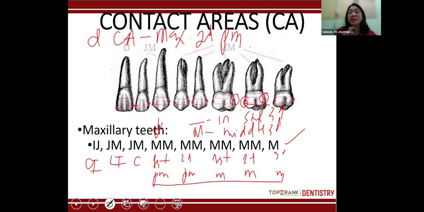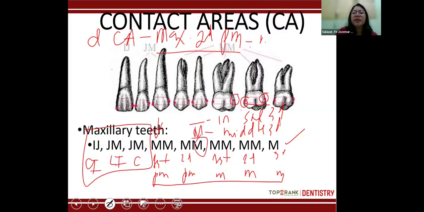Posterior lang ang middle third, pero ito yung anteriors. Lahat ng ngipin na to. Okay, lahat ng ngipin na yan. Okay, so distal contact area ng maxillary second premolar, it's in the middle third.